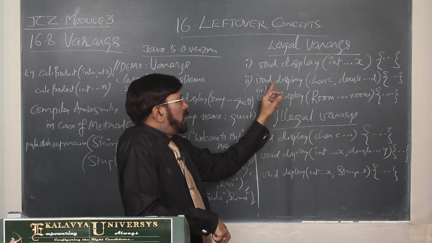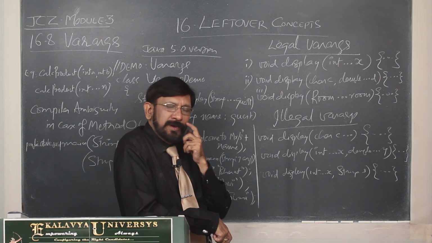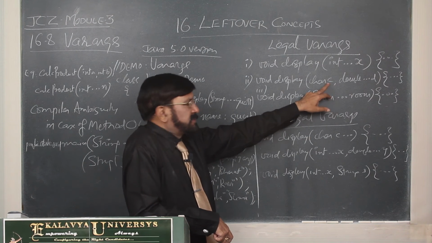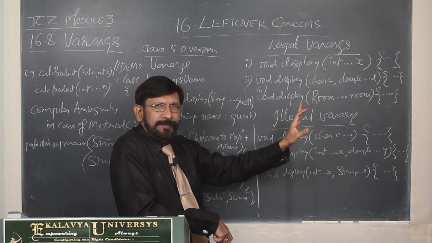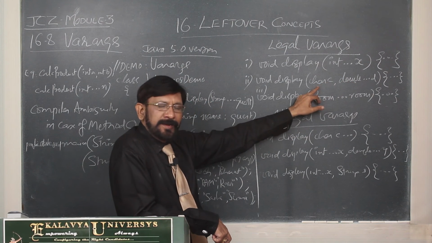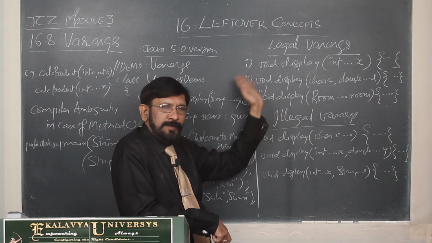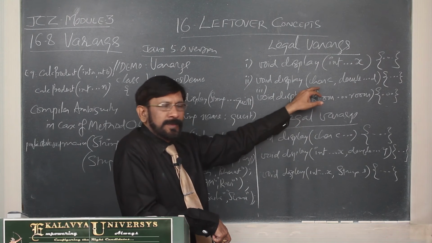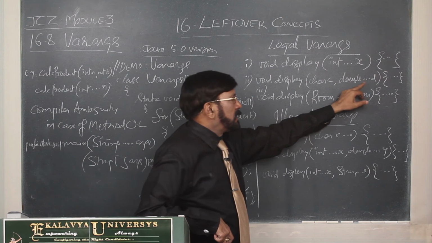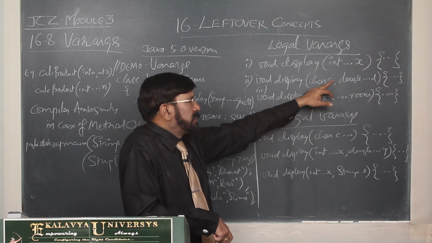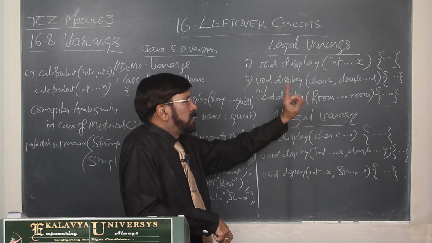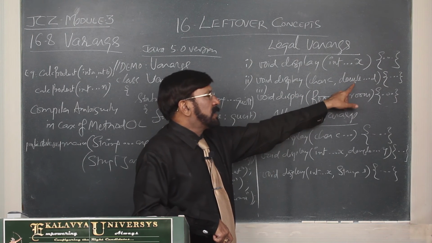Next, void display, actually here 2 arguments are there. One is char c, that is a normal one. That means along with this, if you want to write some other arguments, 1 or more, you can write, no problem. Here char c, int i, double d, you write, nothing wrong, but the Vararg should be the last one.